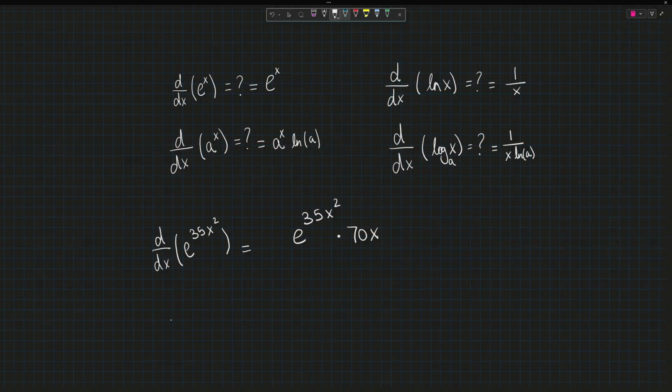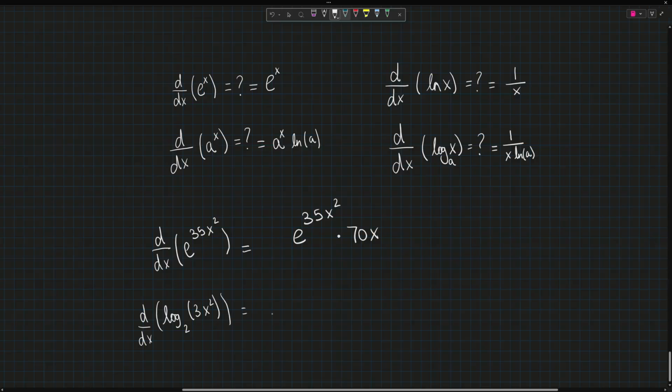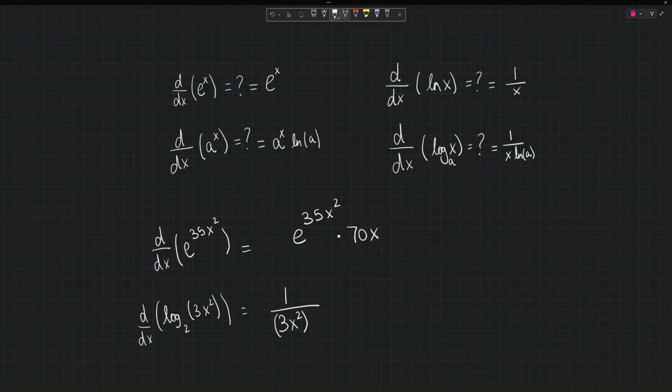So let's say I'm doing log base 2 of 3x squared. I'm going to take the derivative of that. I have to do first the derivative of the outside. So 1 over 3x squared, parentheses, but you don't need it, times ln 2.